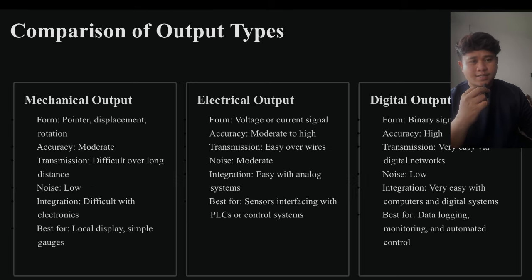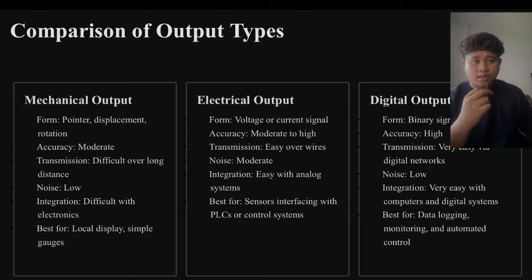Next, let's compare these output types and see how they differ. Mechanical outputs are simple and direct, such as pointer movement or physical displacement. They are limited in accuracy, difficult to transmit over long distances, and also hard to integrate with electronic systems.